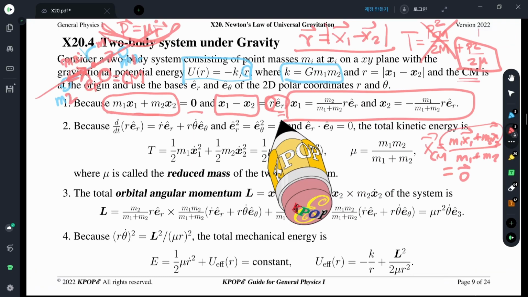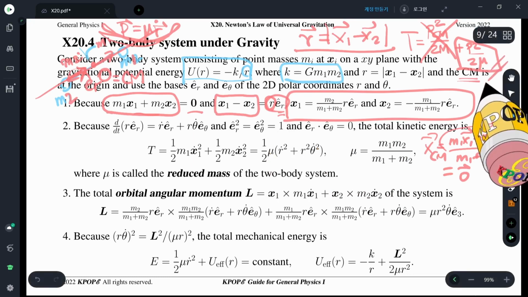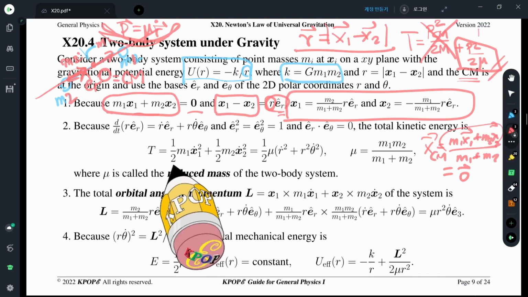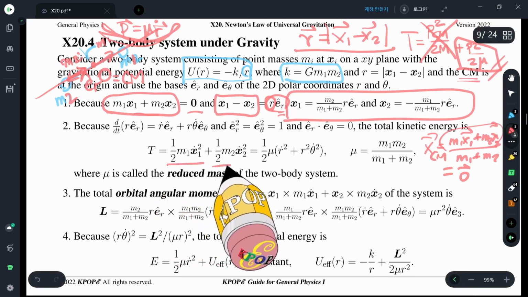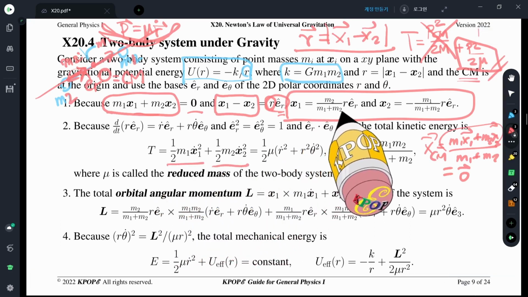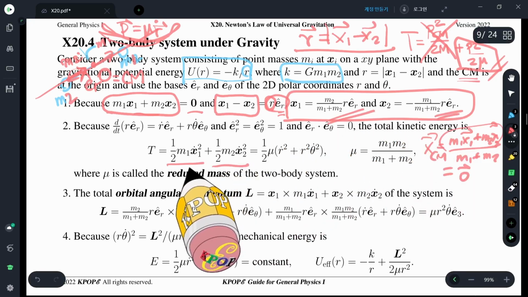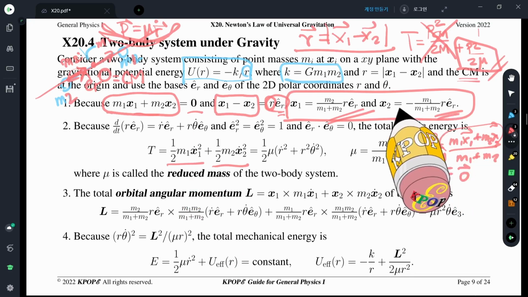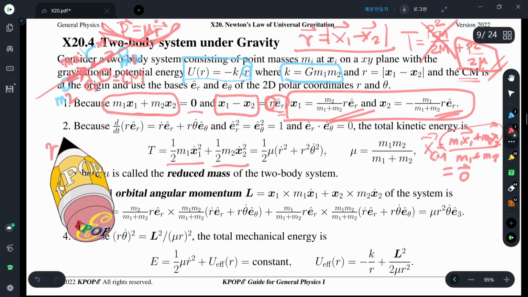Let us write down the total kinetic energy in the CM frame. That is the internal kinetic energy. The internal kinetic energy in this frame is just the sum of the kinetic energy of each particle, and we substitute these values into it. Along this, we have r er hat.